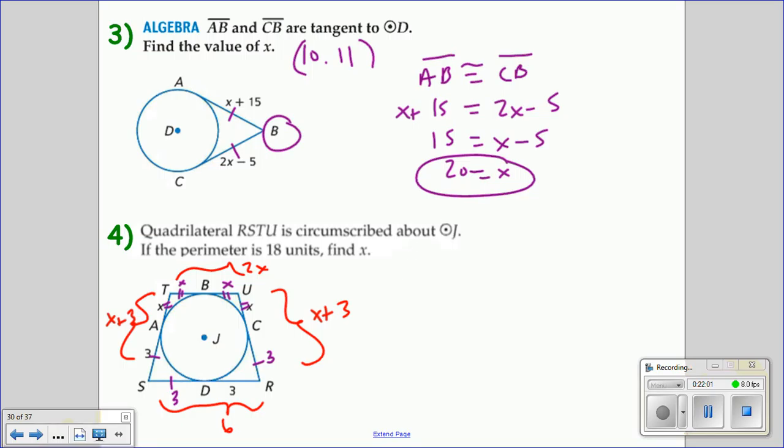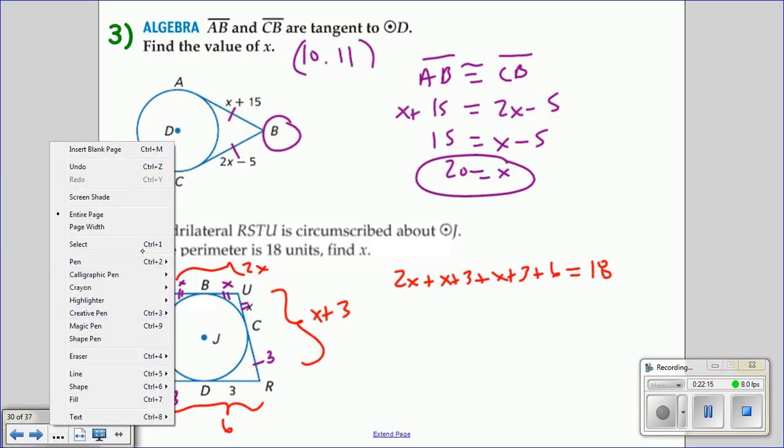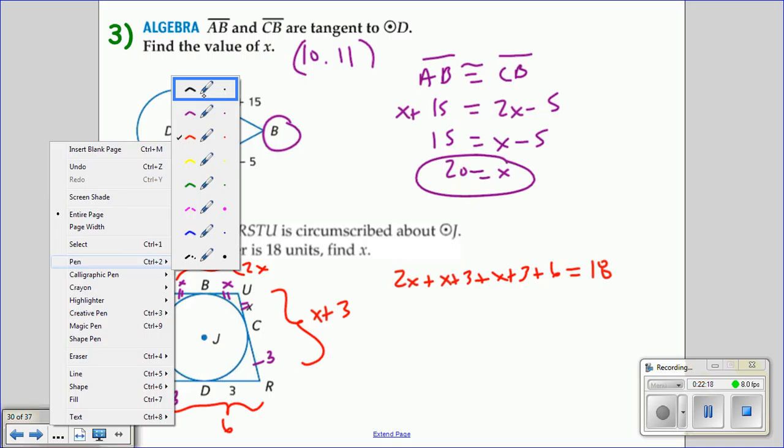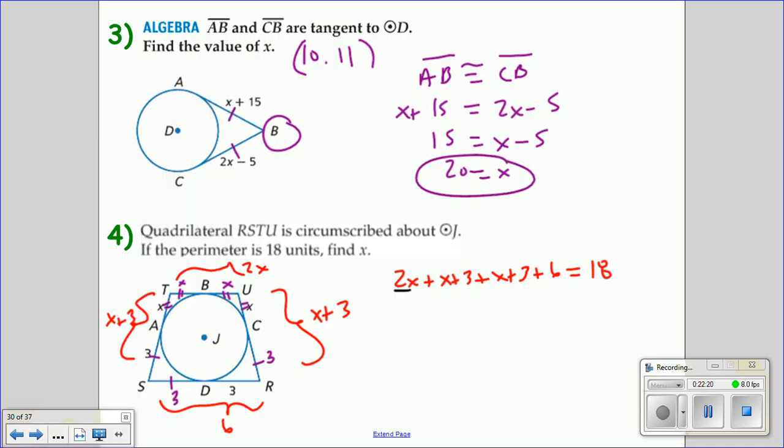So we need to take 2x plus x plus 3 plus x plus 3 plus 6 equals 18. Combine all of our x's: 2x, 3x, 4x, and then 3 plus 3 is 6, plus 6 is 12, and it equals 18.